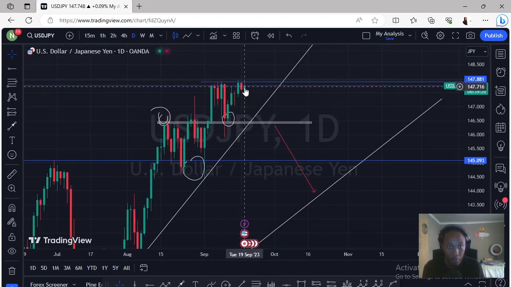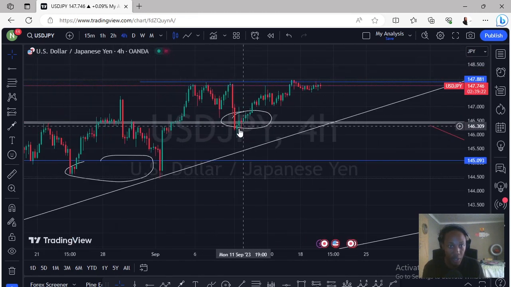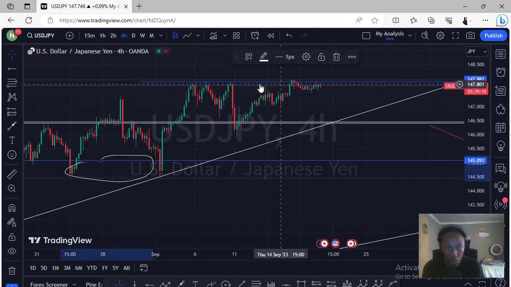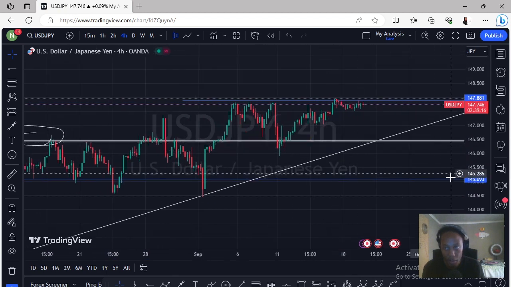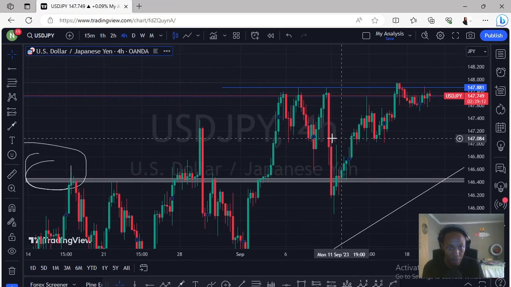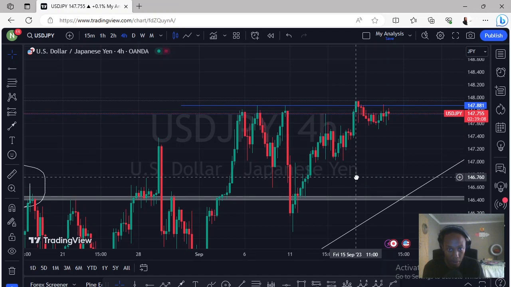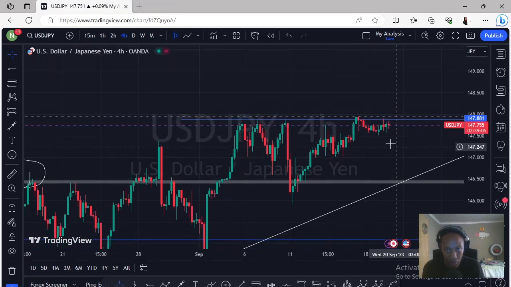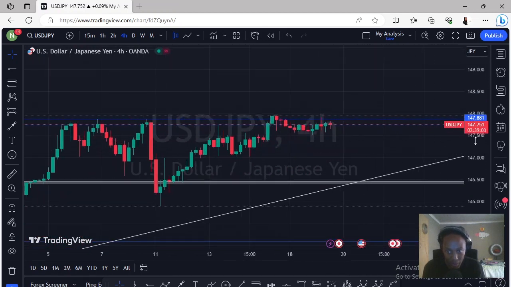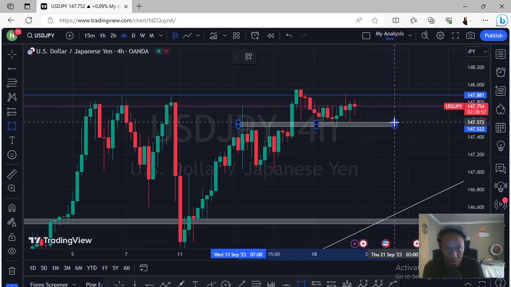Let's study the 4-hour time frame. So for our time frame, this is what we have. We had this pullback, then impulse up. We also have another trend inside the trend.